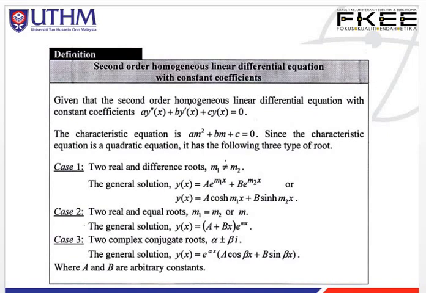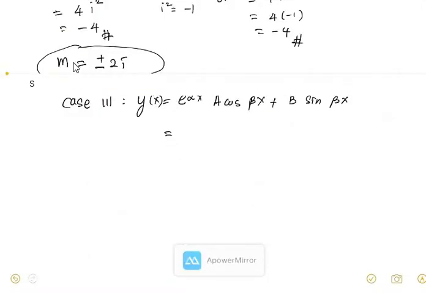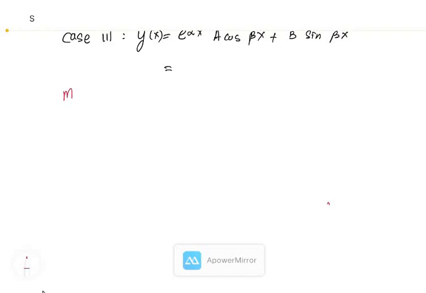Here m is equal to plus minus 2i. So for case 3, you have to substitute the value of alpha and beta. This is a complex conjugate number where the real part is 0, so we can substitute the values of alpha and beta into this equation.